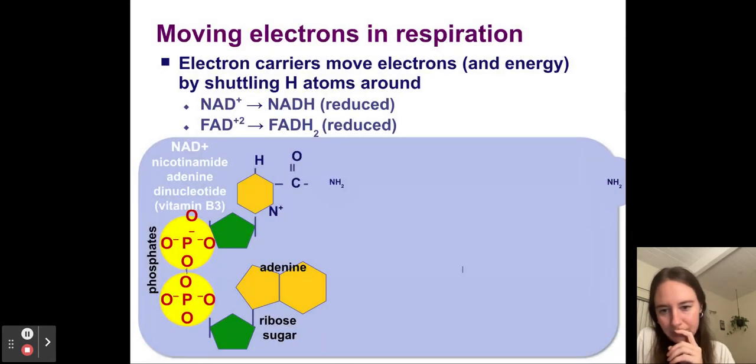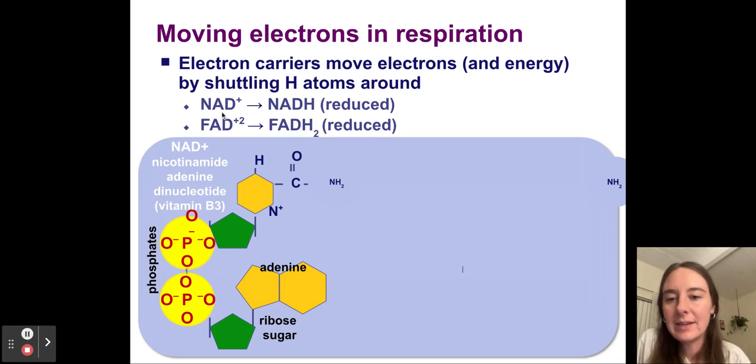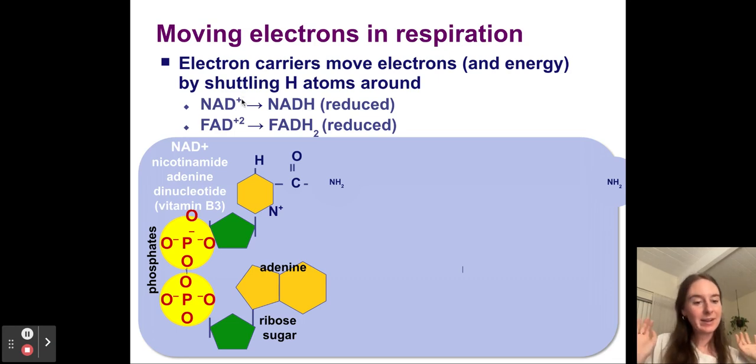So let's take a look at this even more closely. These molecules are called electron carriers because they move electrons around. Remember, when we're talking about electrons, we're talking about hydrogen too. Now, these electrons, these hydrogens, are full of energy. So when we're talking about moving electrons, we're talking about moving hydrogens. We're really talking about moving energy around. Okay? So when we look at NAD+, right, it's got one missing hydrogen.